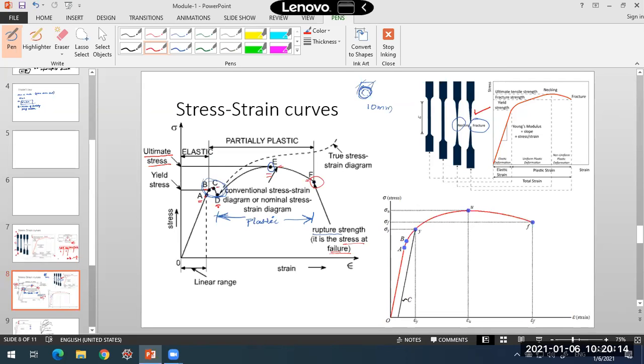In plastic deformation, you will find deformation taking place without much increase in the load. Very easily you will be able to pull that specimen beyond point D. There will be a large amount of deformation even for a small increase in the load. So this is what we call the plastic range.